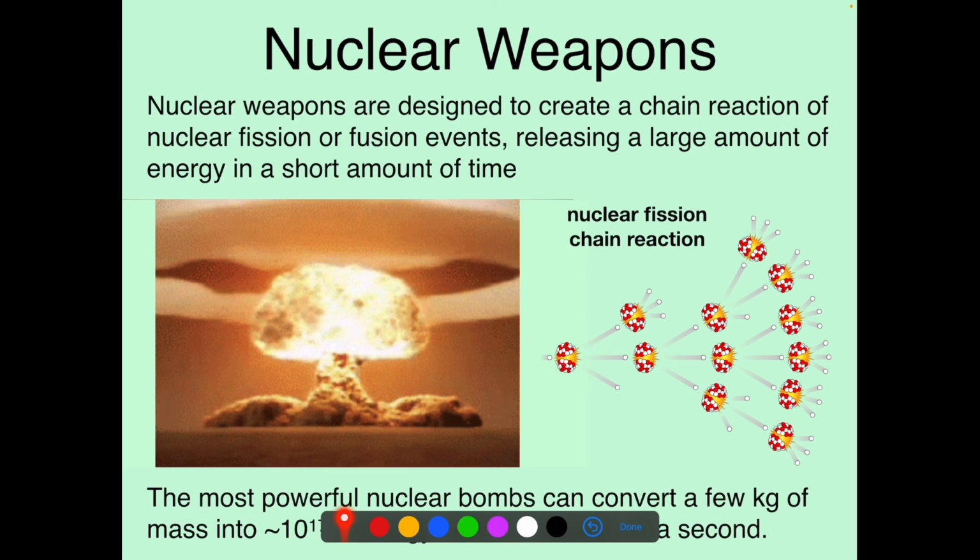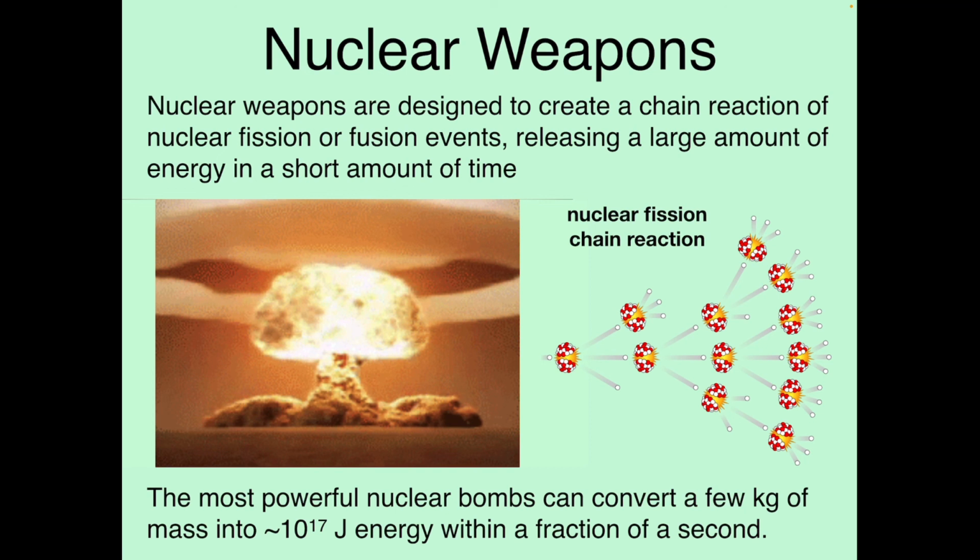So this neutron will hit another nucleus, cause it to split, and then cause it to send off a bunch of other neutrons. So those can now go off, hit another nucleus, which splits and sends off more neutrons. So you can see what's happening here is a chain reaction.